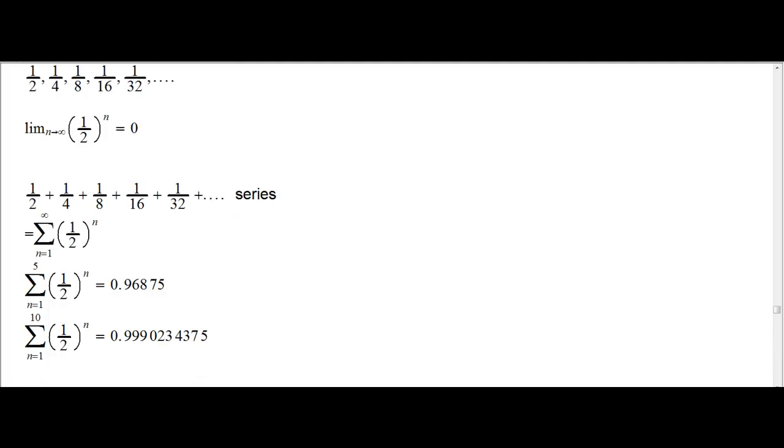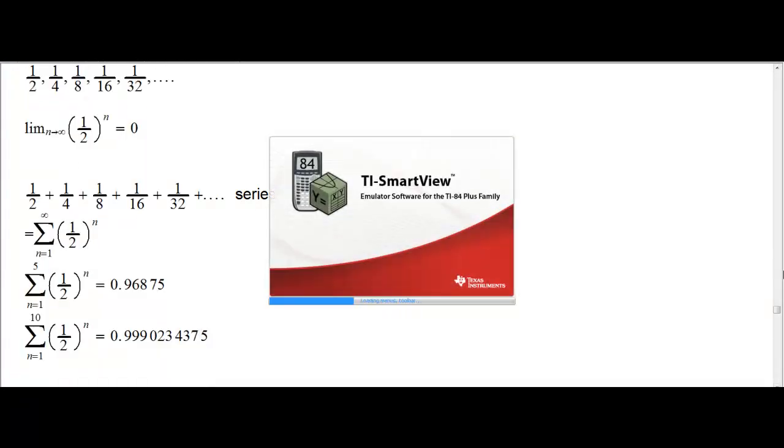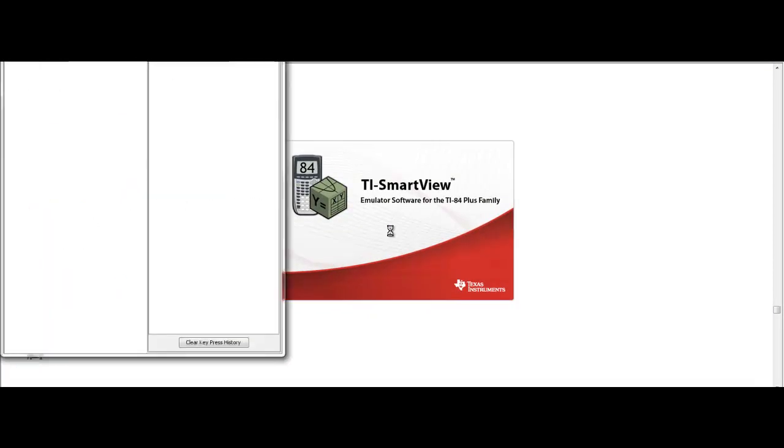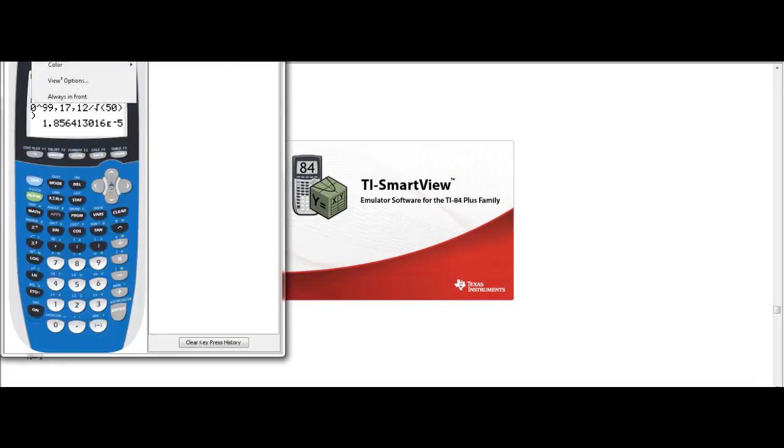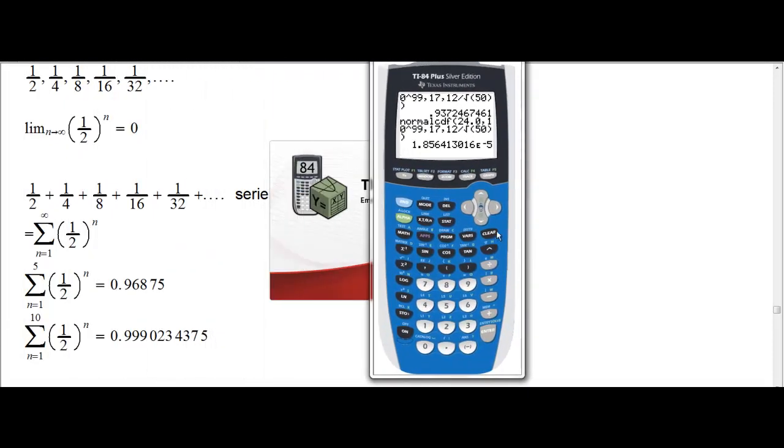Now in your graphing calculator you can do it the same way, like this. So for sequence, what we would do is this. We will enter our sequence here.